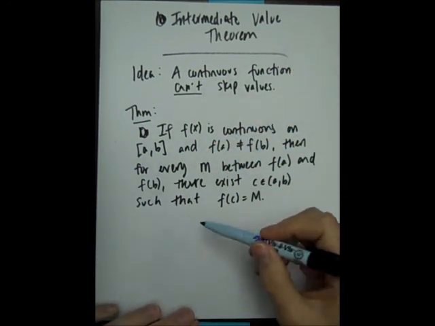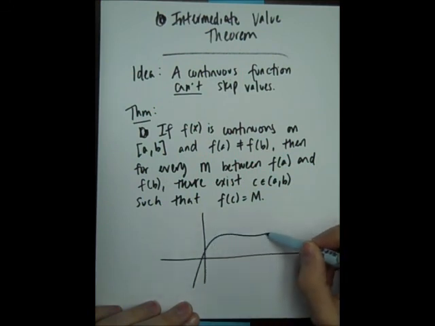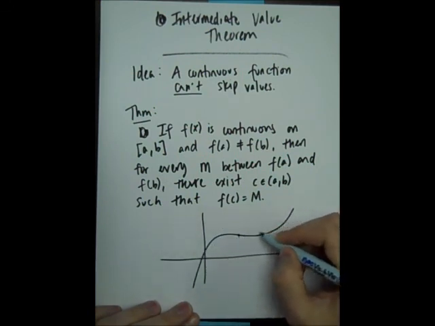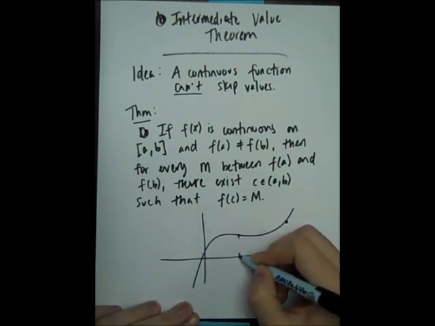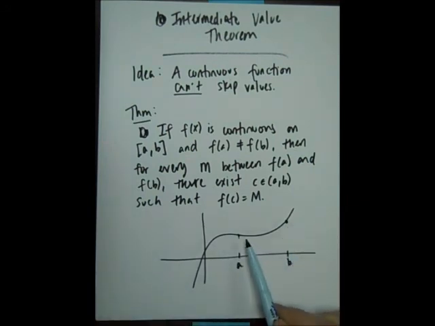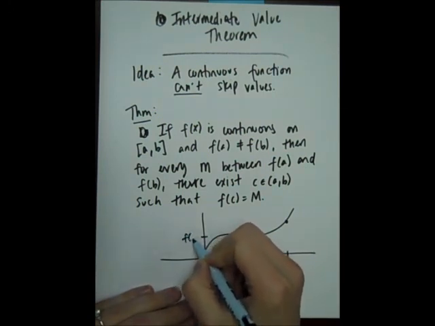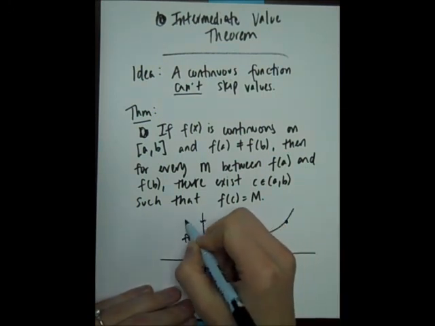Now graphically, what does this mean? Let's say here's my function f of x, and let's say that here's my a and here's my b. I think we can agree that this is continuous on the interval from a to b, so for every x value between these two, this function's continuous. Here's my f of a, here's my f of b.